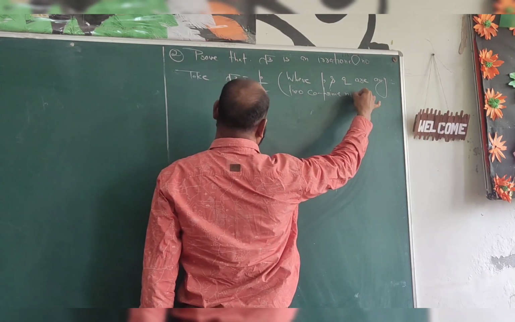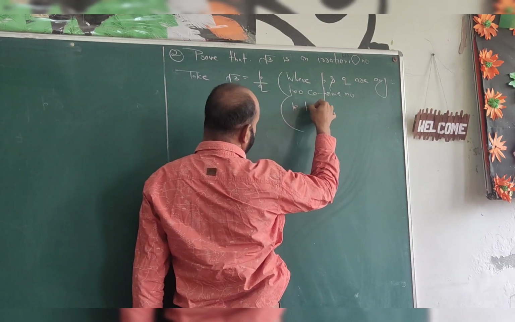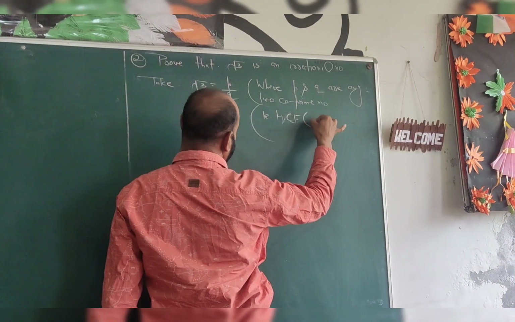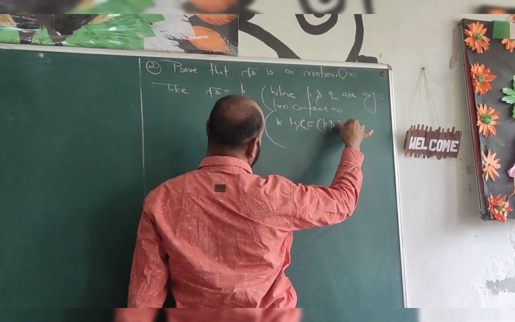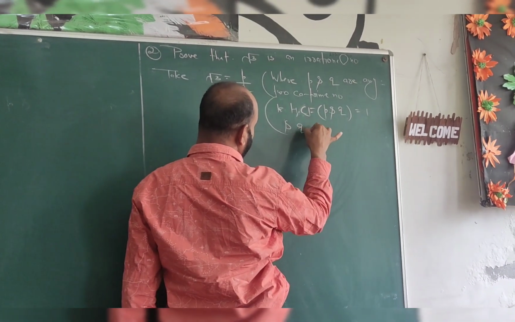That is, the highest common factor of P and Q is equal to 1 and Q is not equal to 0.